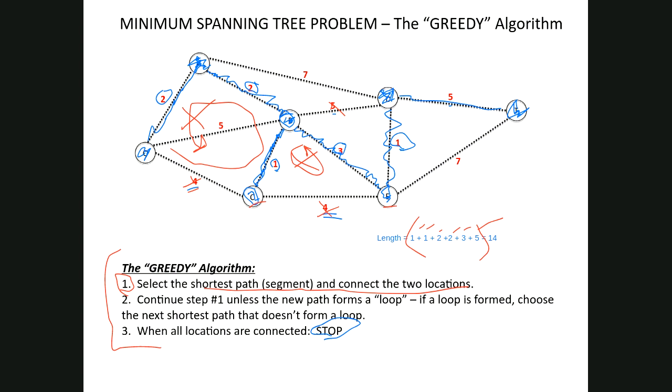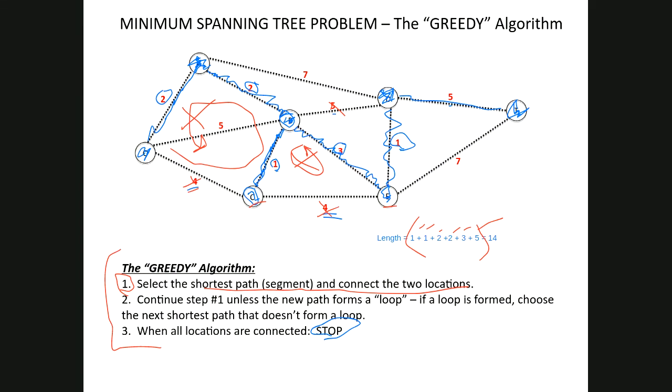And there is a rule for a minimum spanning tree problem. For any minimum spanning tree that has any number of nodes, for example, let's suppose we have a problem that has n locations.